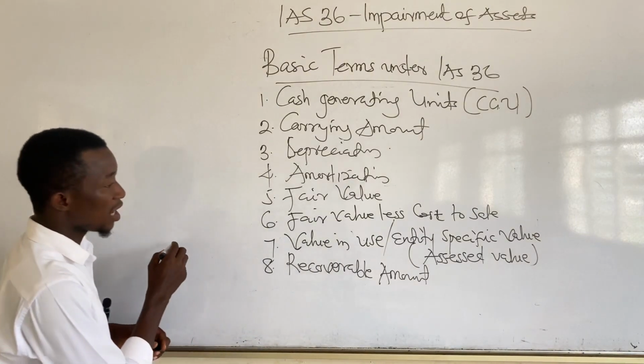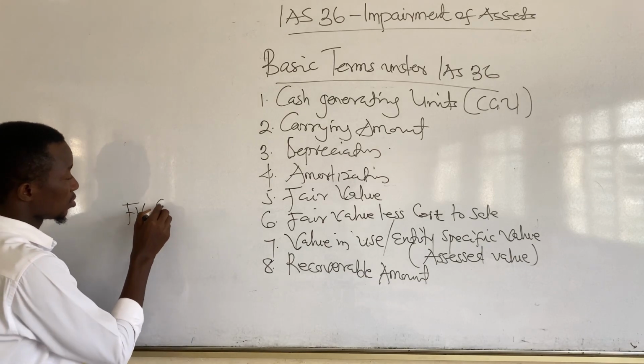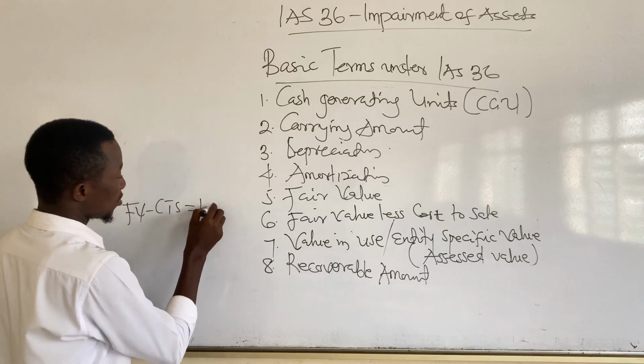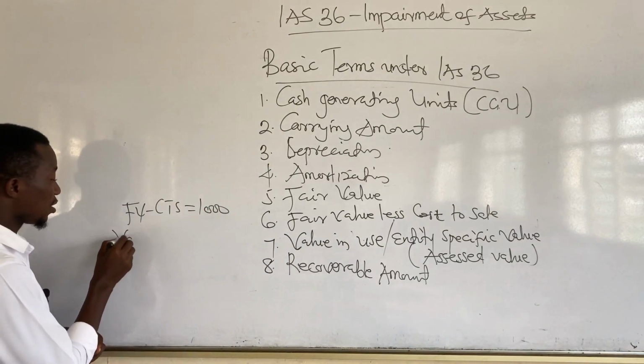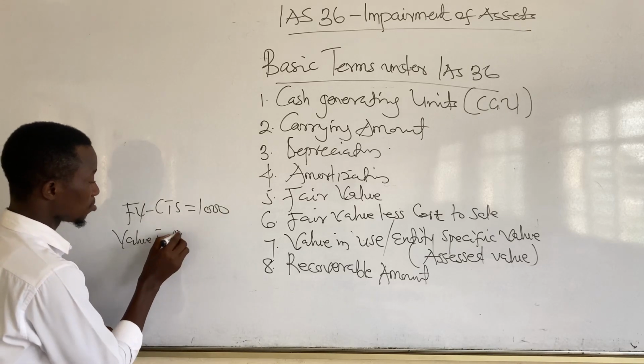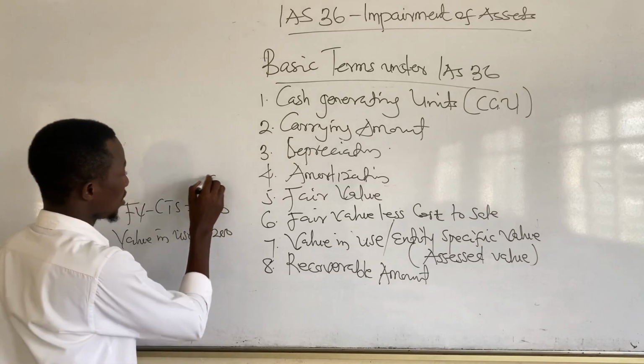So let's say we have a fair value less cost to sell being 1,000, then we have the value in use happening to be $1,200.